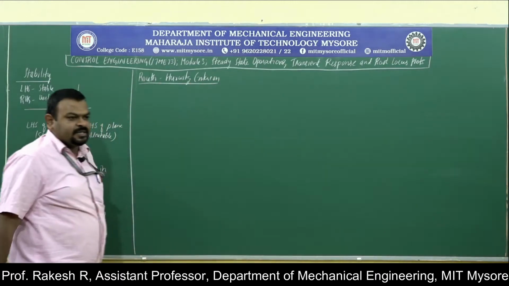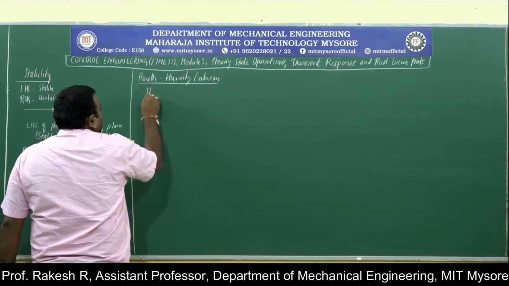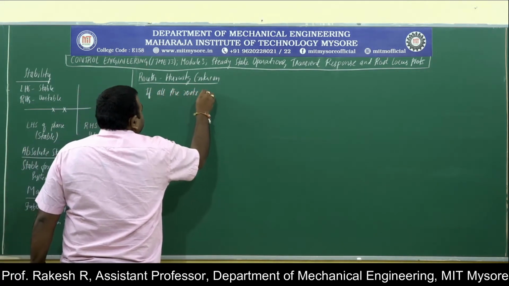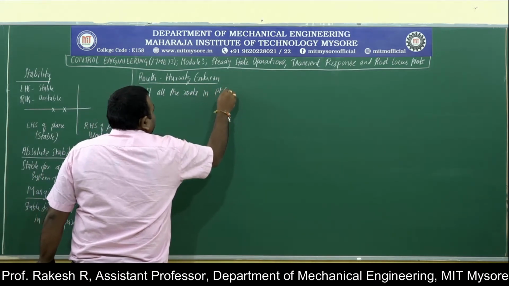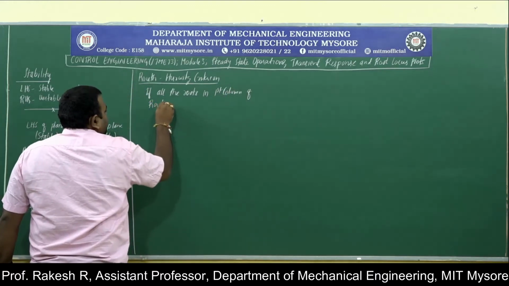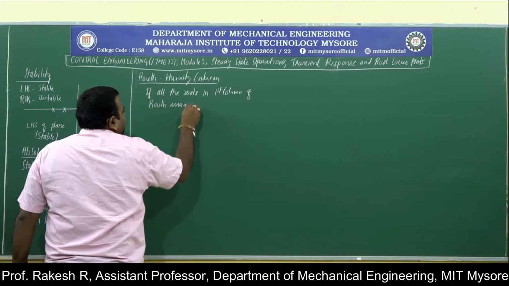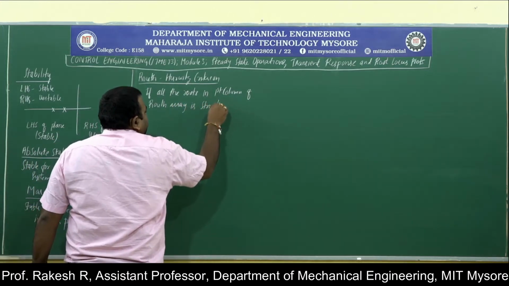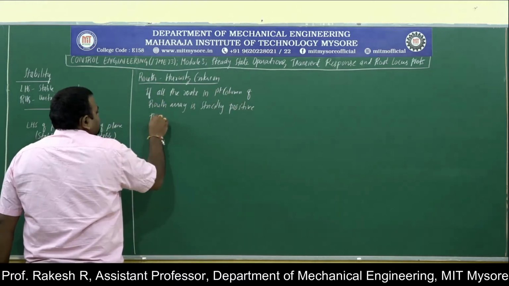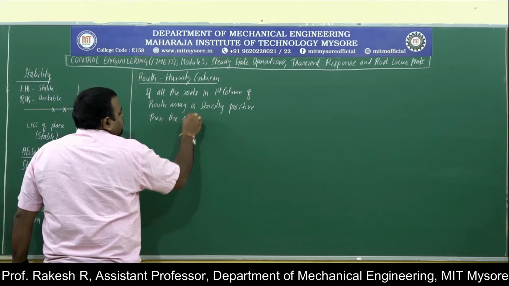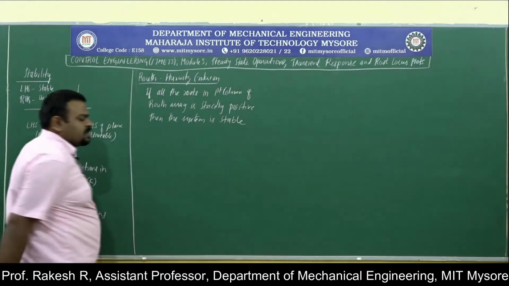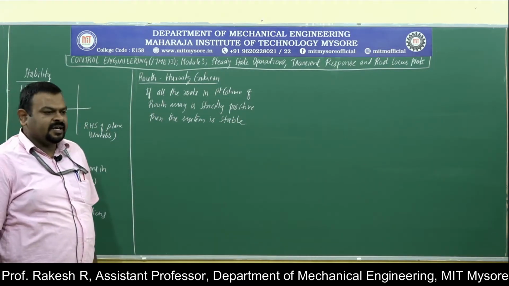In that criterion, they say if all the elements in the first column of the Routh array are strictly positive, then the system is stable. This is one of the concepts of the Routh-Hurwitz criterion.